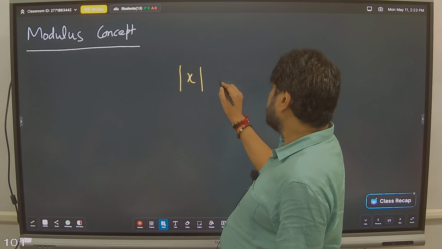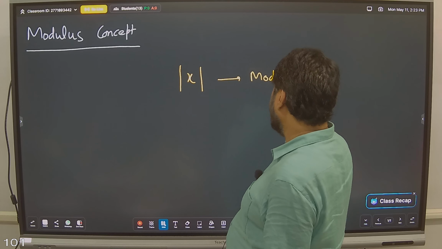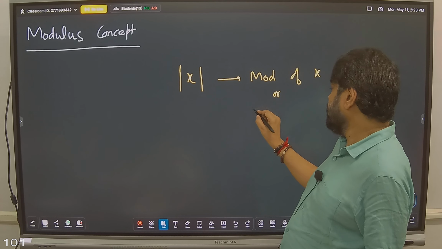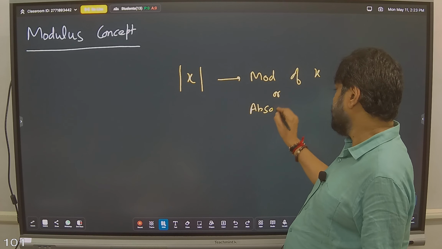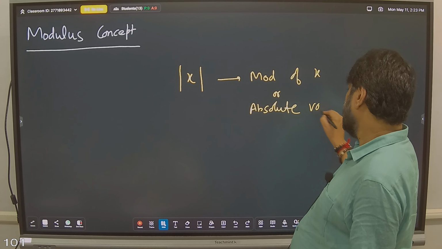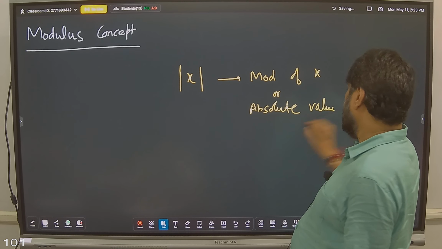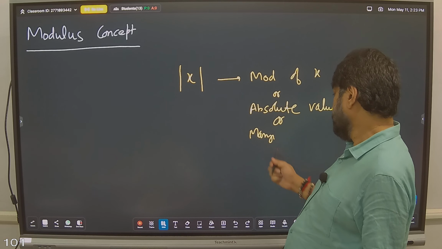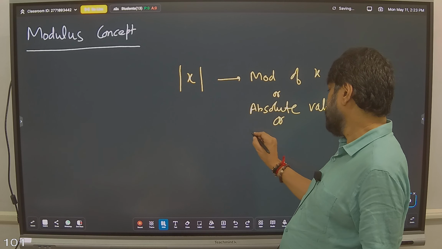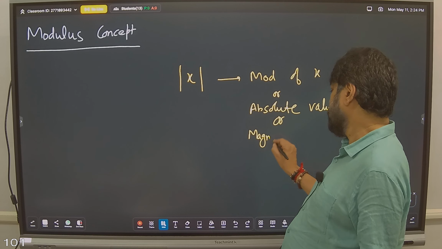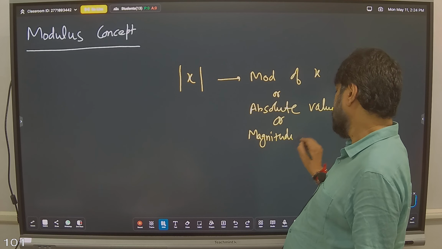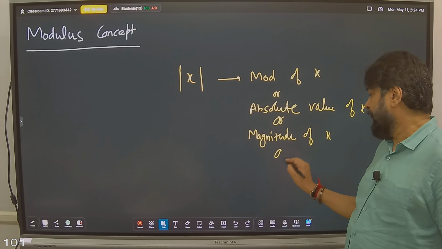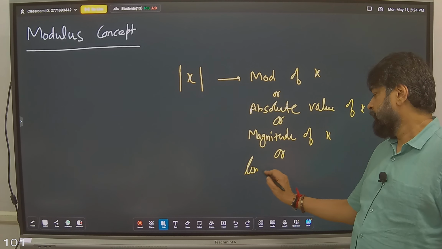You can call it mod of x as a pronunciation, or sometimes we call it the absolute value of x, or sometimes we call it the magnitude of x, or you can call it the length of x. The meaning is the same.